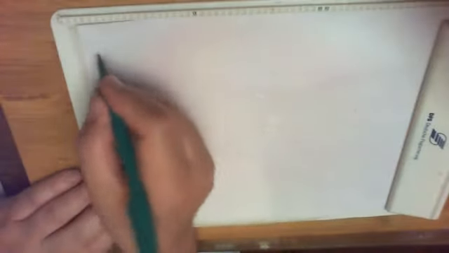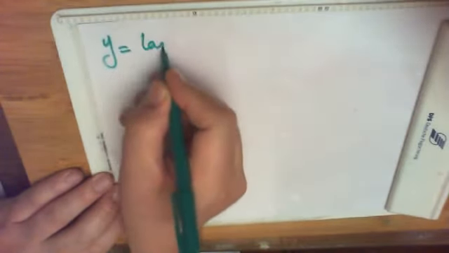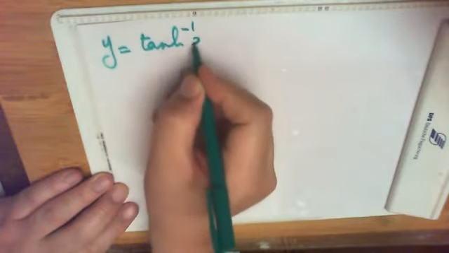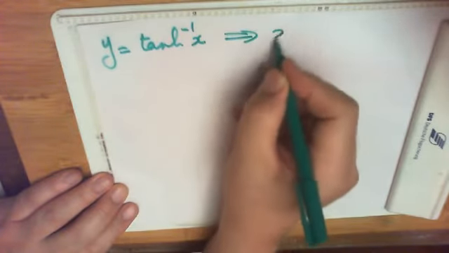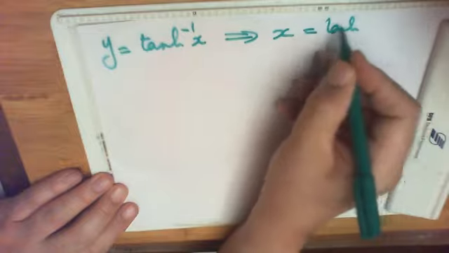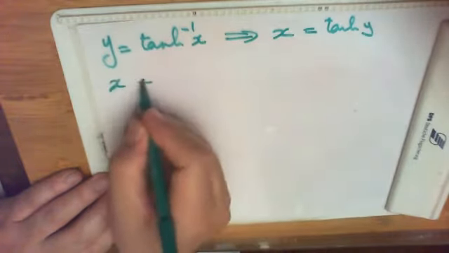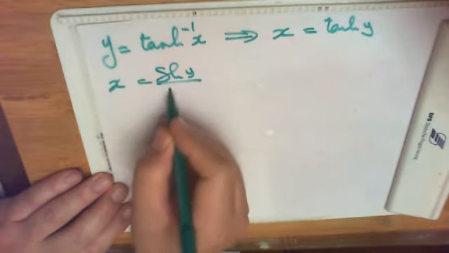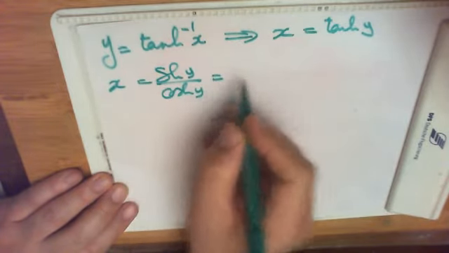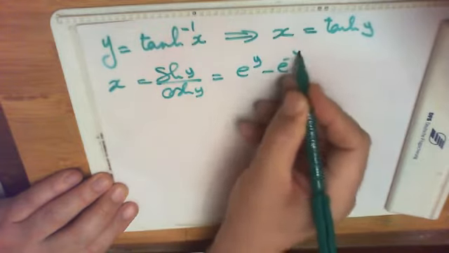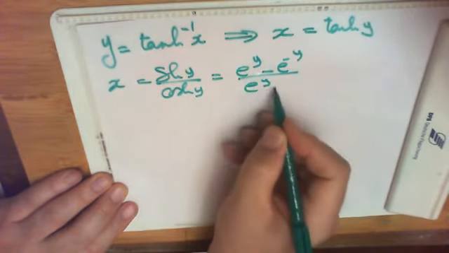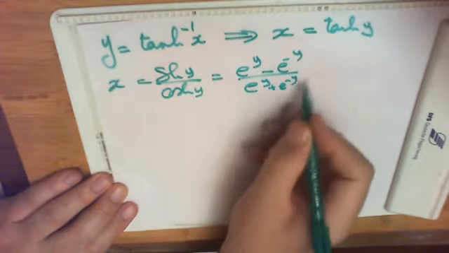Now there's still tangent minus 1 and cotangent minus 1. No problem. y equals tangent minus 1 of x, therefore x equals tangent y. But tangent y is sine over cosine, so x equals sine y over cosine y, which is e to y minus e to minus y divided by e to y plus e to minus y, as you know; the division by 2 cancels.